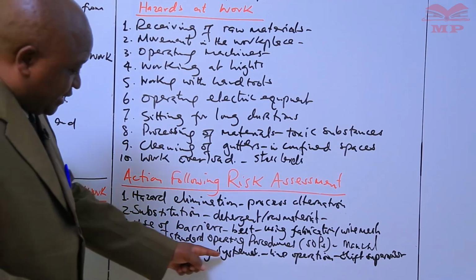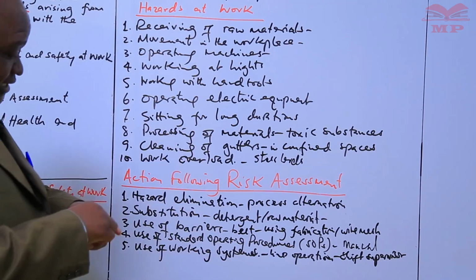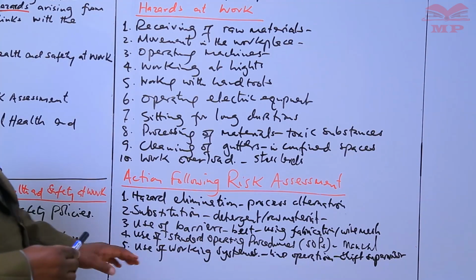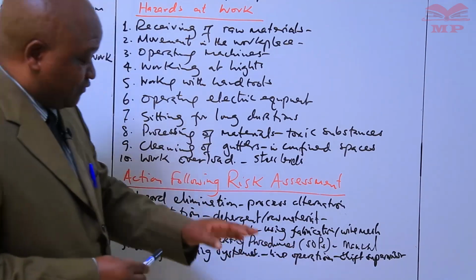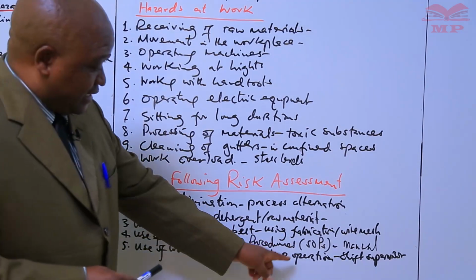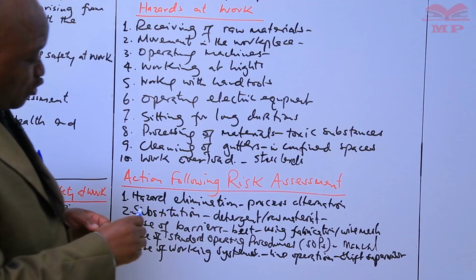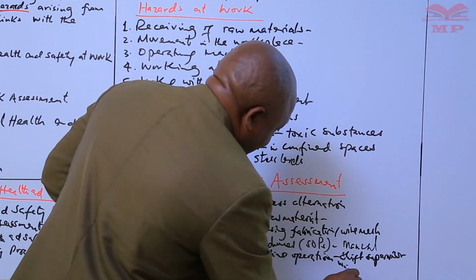So in terms of a working system, in terms of that line, before you start any process, the whole system has to be checked from the beginning to the end, and this supervisor may give what you call a work permit.